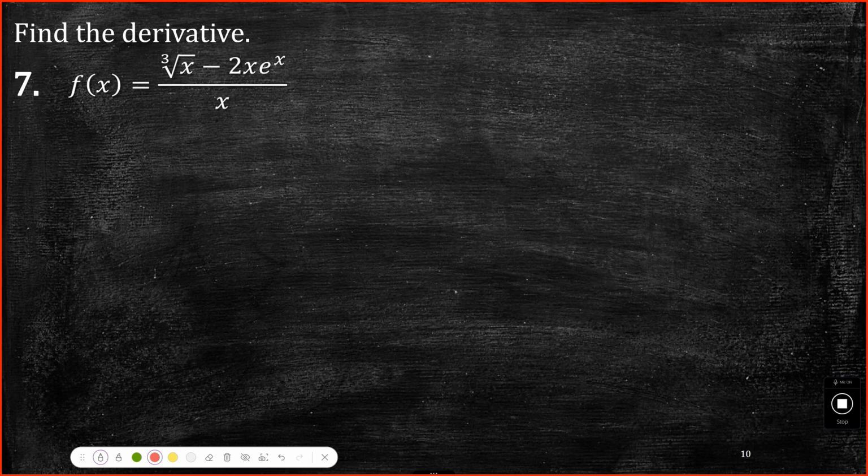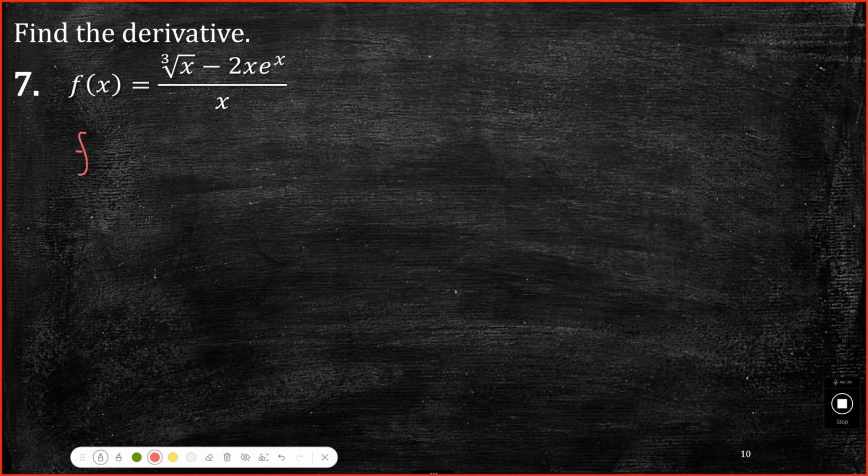Okay, now let's find the derivative of this. Well, this is a little more difficult. We can't really use the derivative definition of it, because it just doesn't seem to fit. So we're just going to have to do some algebra here.